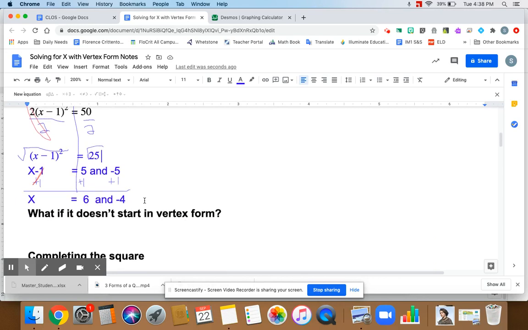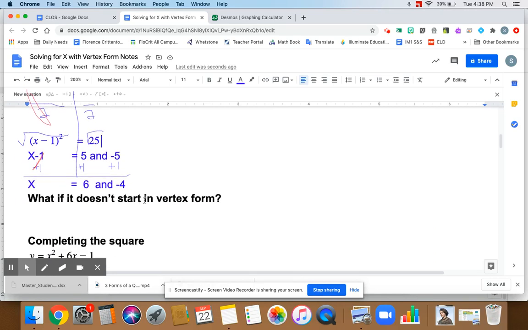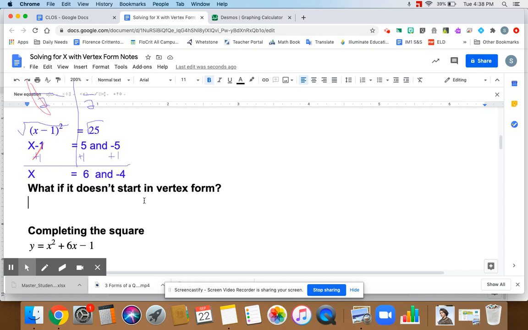So what if they don't start in vertex form? Well, I'm going to teach you in future lessons how to solve for x from all of the forms, but it's important that you can always convert into vertex form. So remember, if we start in standard form to go to vertex, we have to do something called completing the square, which I'm going to teach you how to do next.